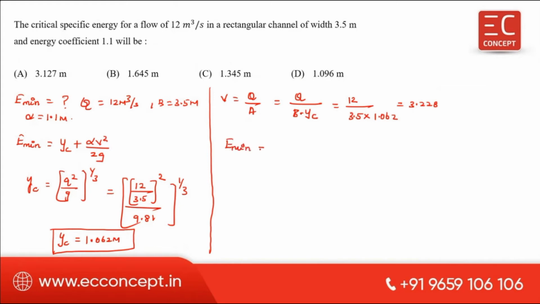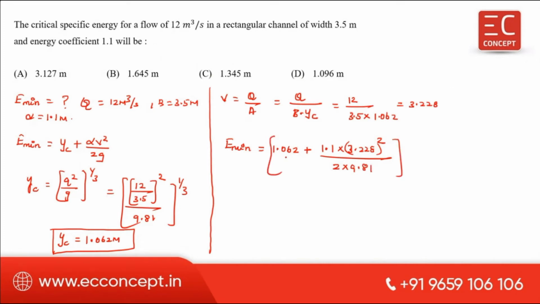So E minimum is equal to 1.062 plus alpha is 1.1, V is equal to 3.228 the whole square, 2 into 9.81.